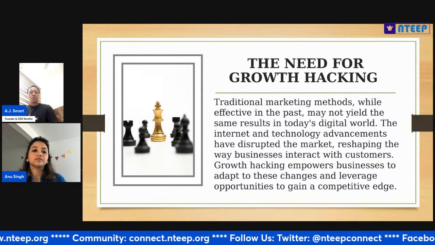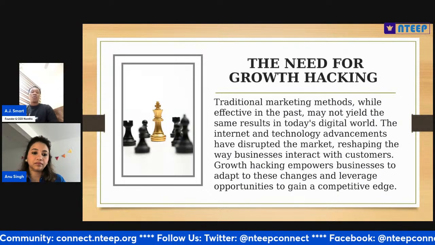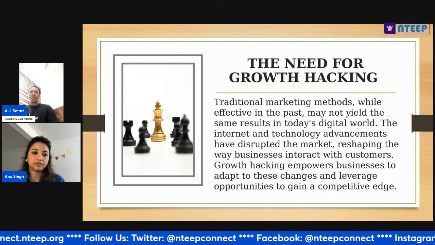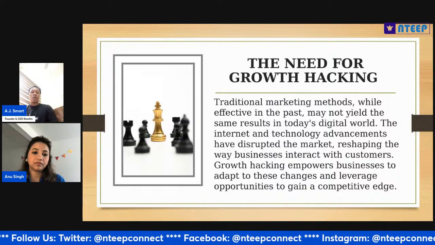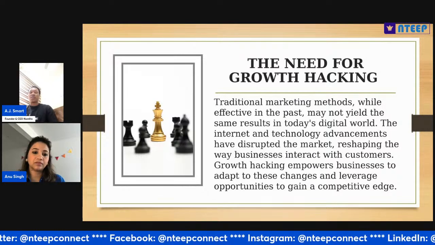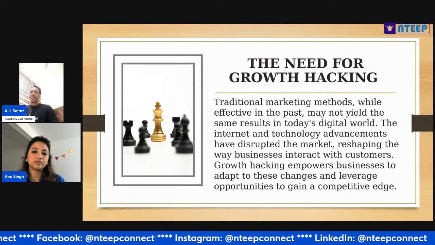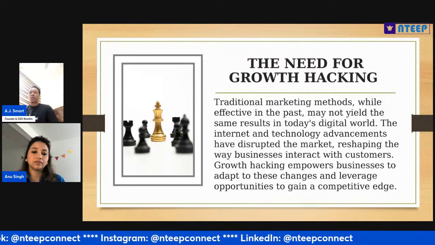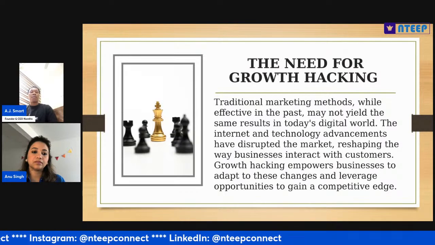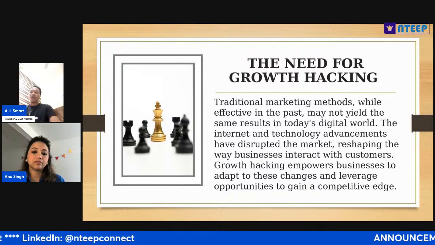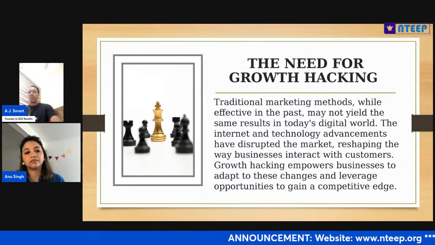You can be sure that they will definitely have a better advantage over your business in terms of sales as far as marketing is concerned. So that is just one among so many other reasons why taking growth hacking is very, very important for your business.